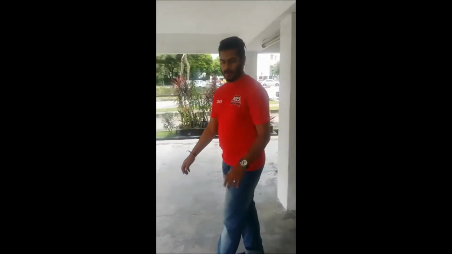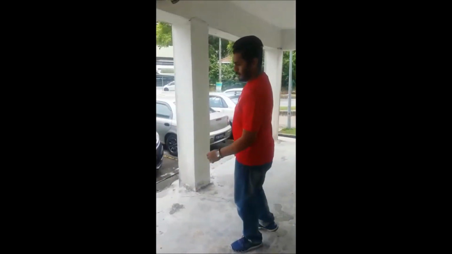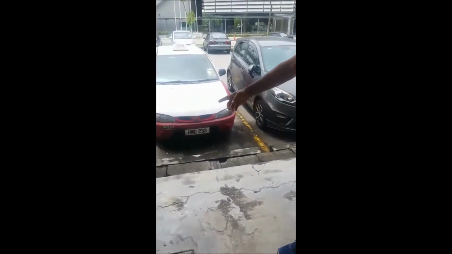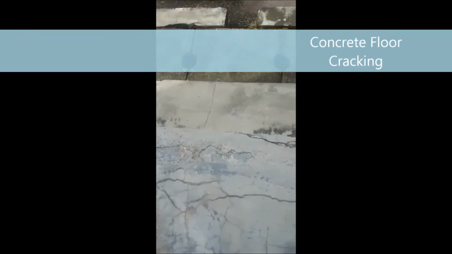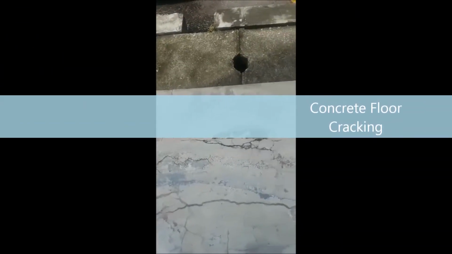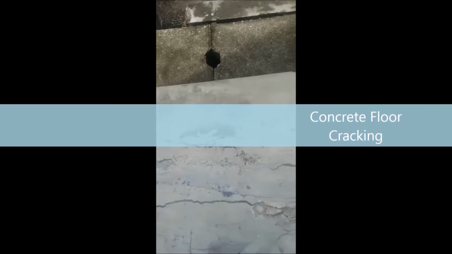The next defect we are going to identify from the building is concrete floor cracks. The first point on concrete floor cracking is excess water in the mix. Concrete does not require much water to achieve maximum strength, but a wide majority of concrete used in residential work has too much water added to it on the job site.